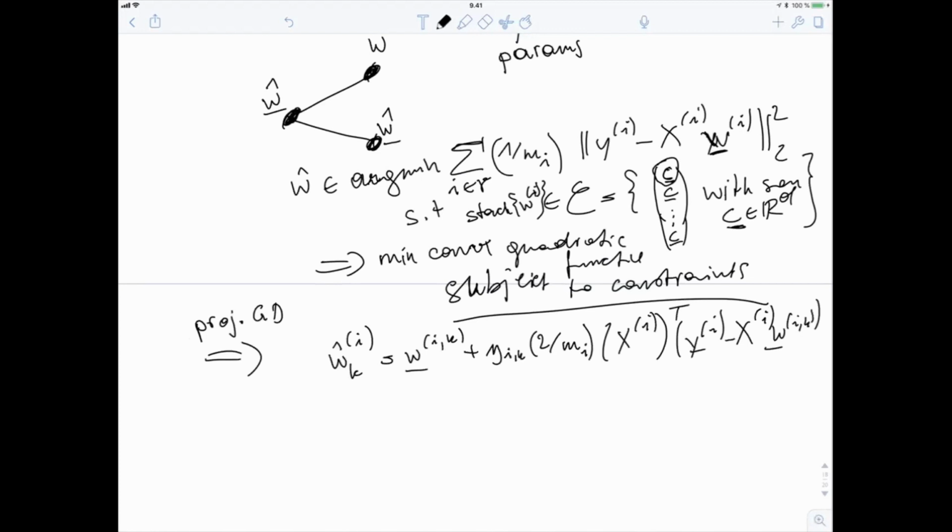And then what comes after the gradient step in projected gradient descent? So this is the local gradient step.